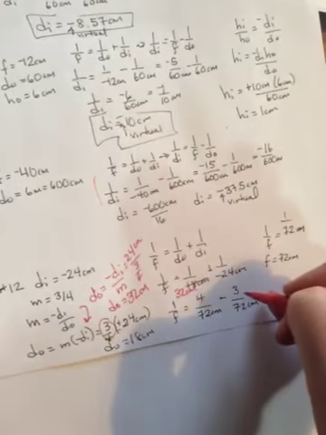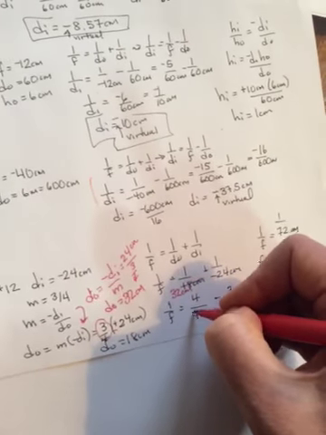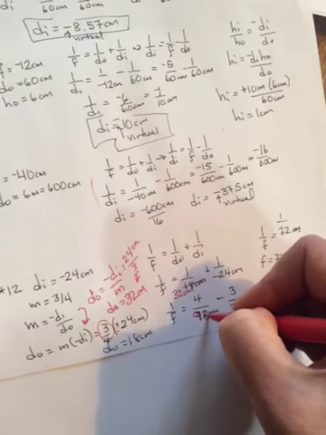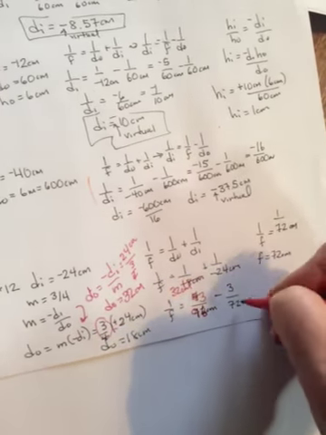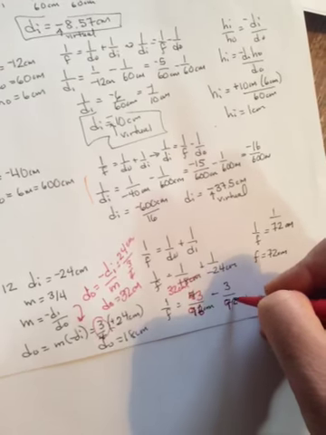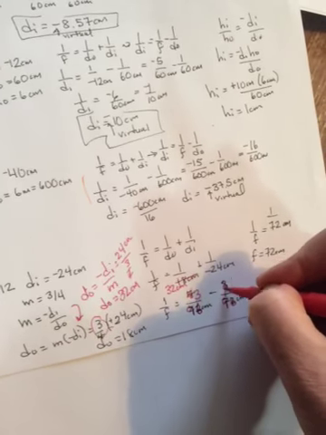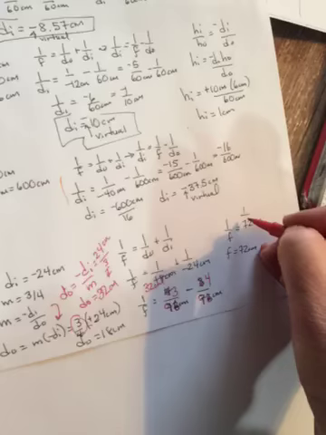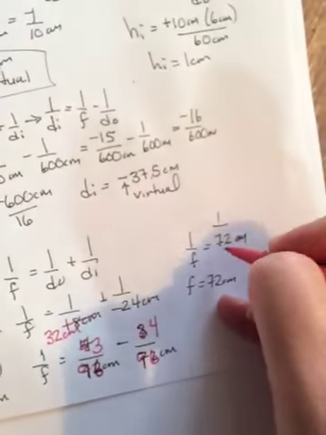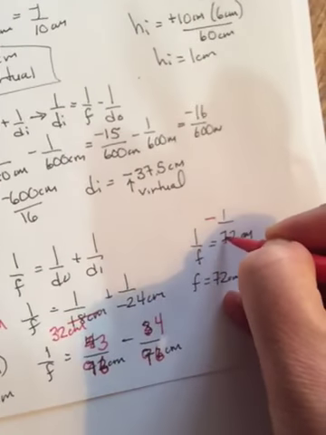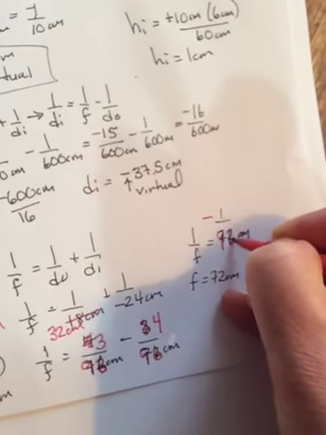And so the common denominator is not 72, it's 96. And 32 goes into 96 3 times, and 24 goes into 96 4 times. And so you end up getting 1 over negative 96.